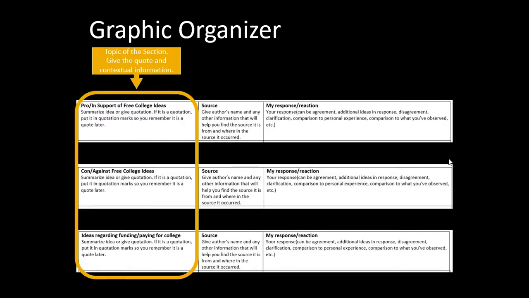So the graphic organizer, all 3 pages or all 3 sections have 3 columns. So this first column on every page is where you're going to record the idea that you encountered in one of the sources. So it can be a quotation, it can be a summary of the idea.